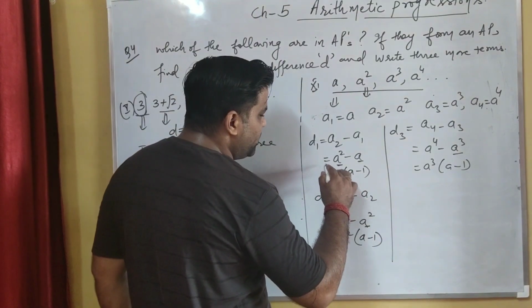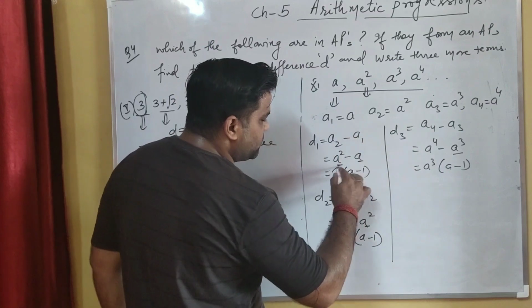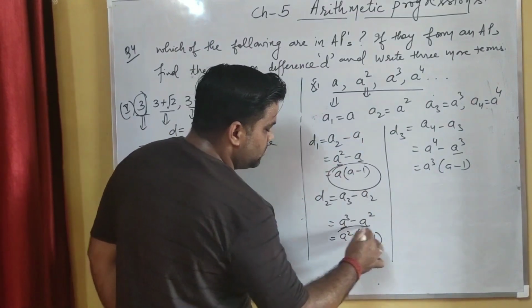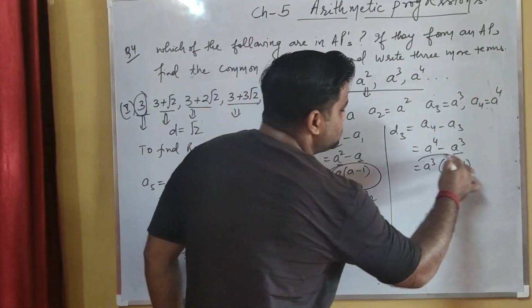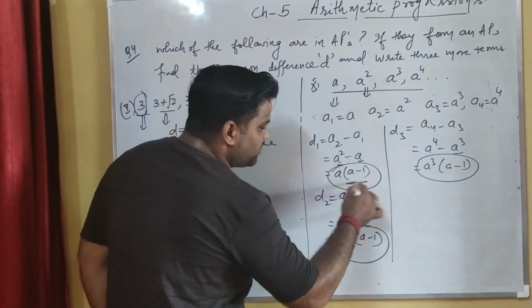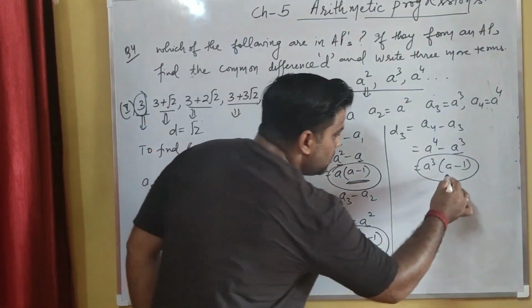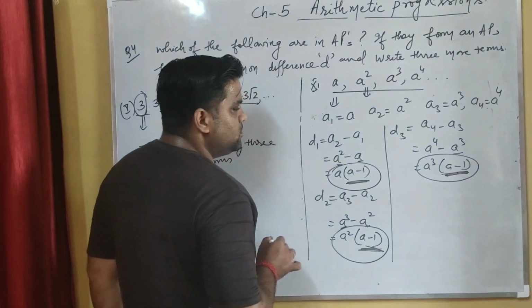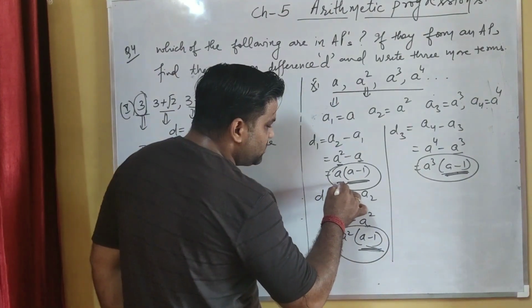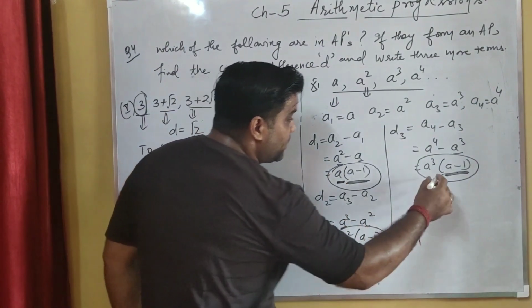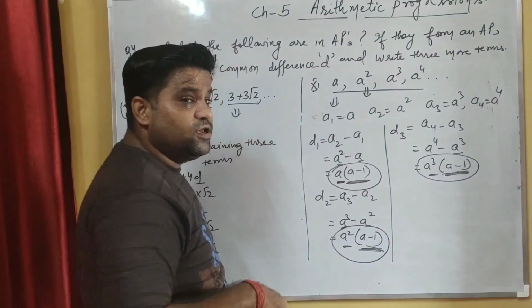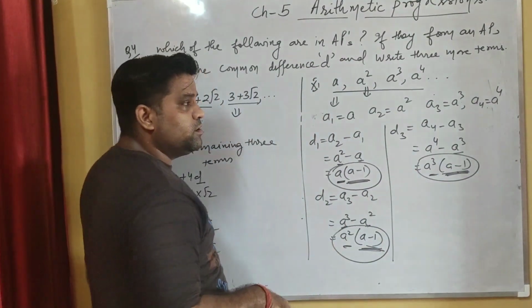Here we can see that a minus 1 is coming common, but we see that it is a square, a cube. It is a difference. It means that it is not the same between the terms.